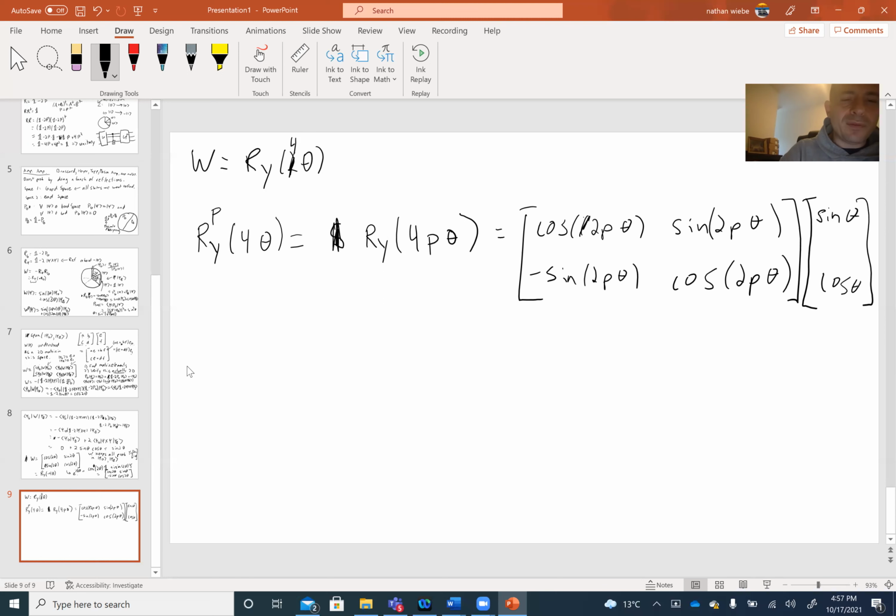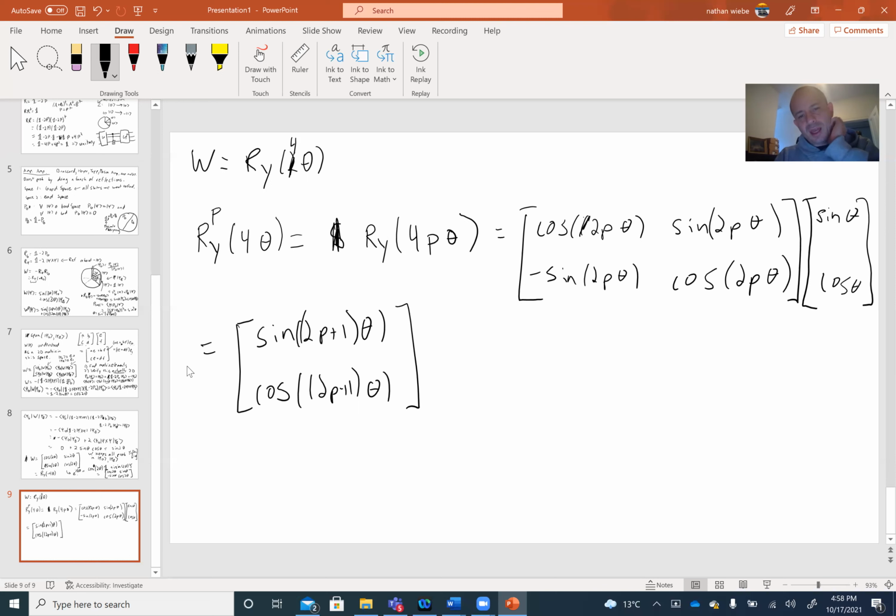With just a little bit of algebra and trig, we can see that this is just equal to sine of 2p plus 1 theta, cosine of 2p plus 1 theta.